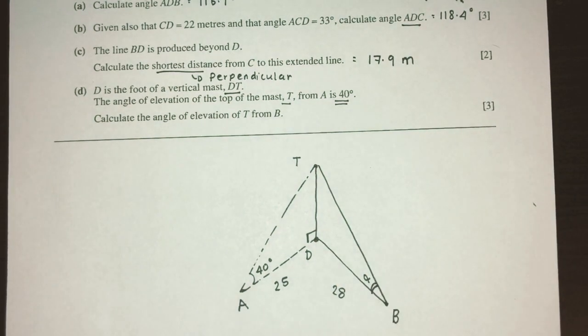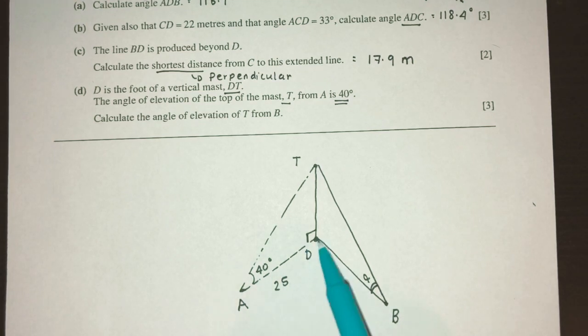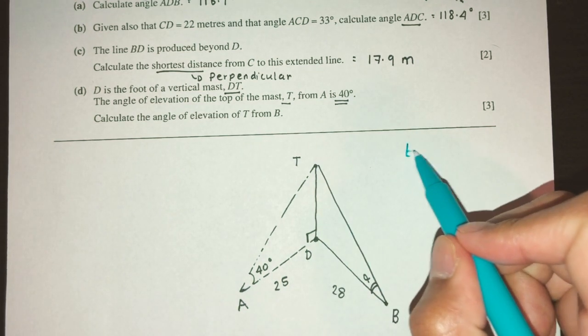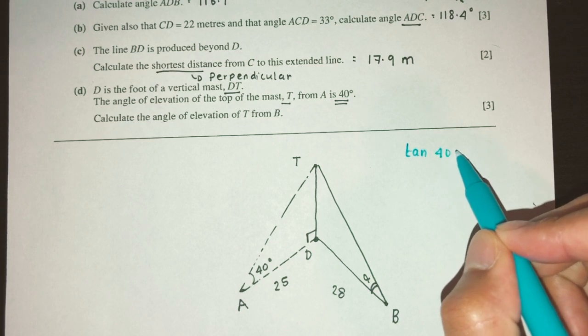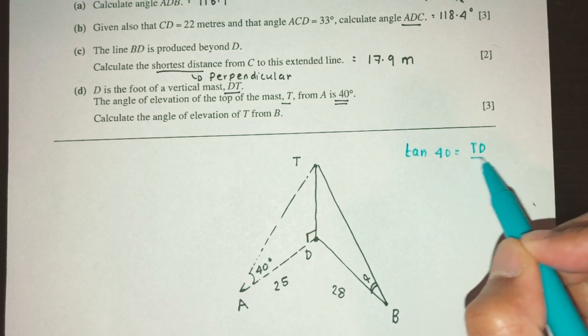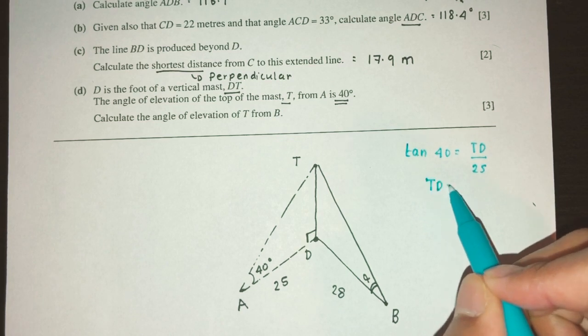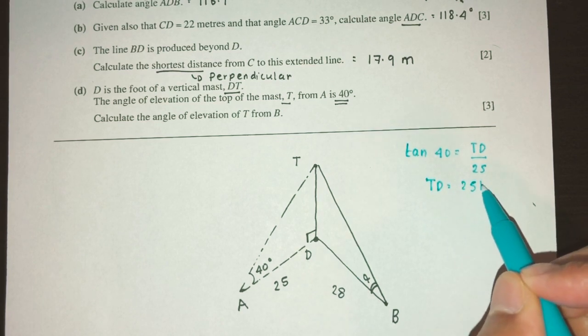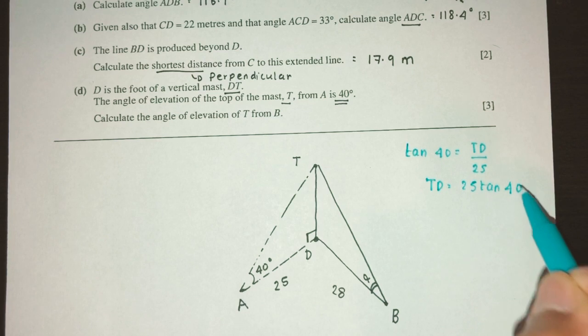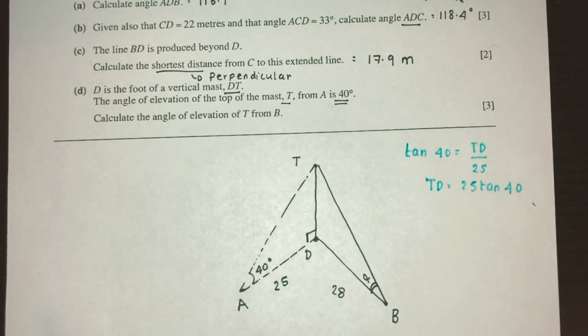Let's do that. TD can be found by using SOHCAHTOA again, because we have a right angle triangle. We know this side, it is your A side. This is your O side, so you have to use tan. Tan of 40 is equal to TD over 25. TD will be 25 tan of 40. That is your length of TD.